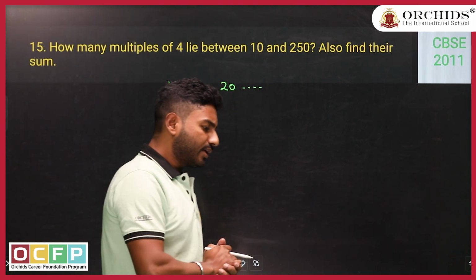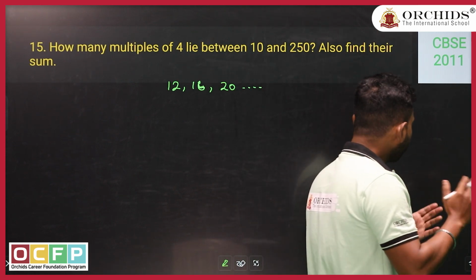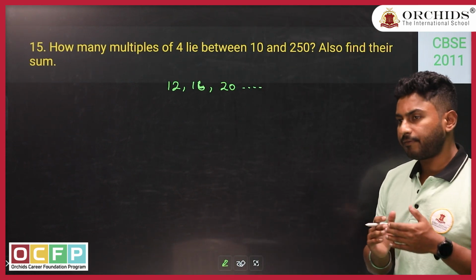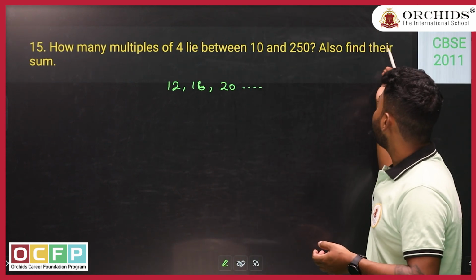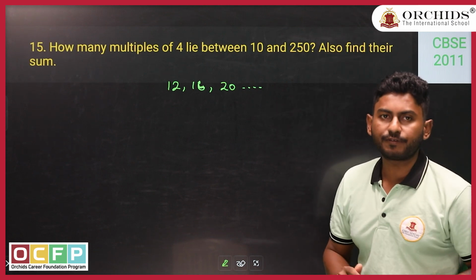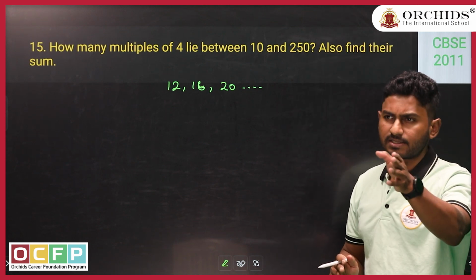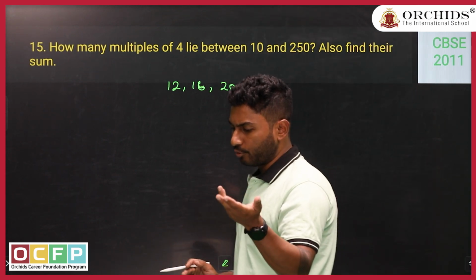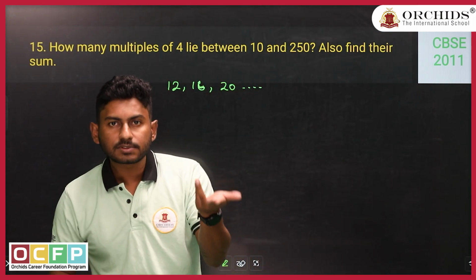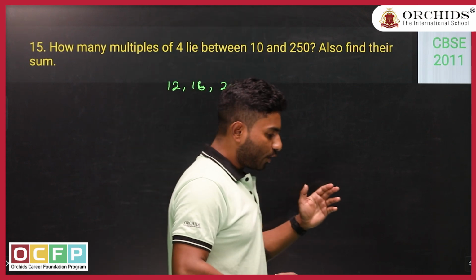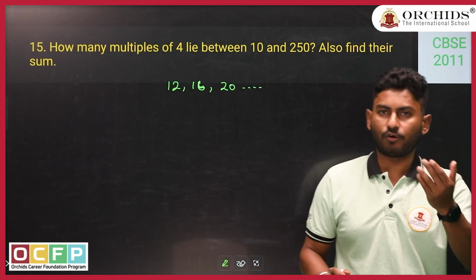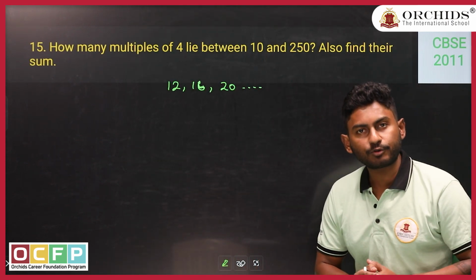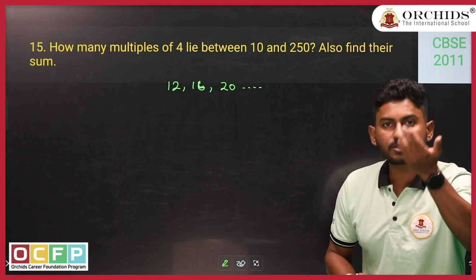Now can you tell me the number which is a multiple of 4 but just less than 250? Easily I can say 240 is divisible by 4. 240 divided by 4 is 60. If 240 is divisible by 4, obviously 244 and 248 are divisible by 4.